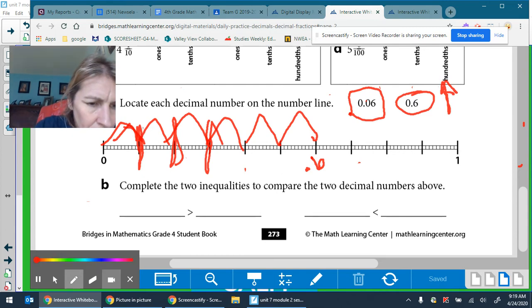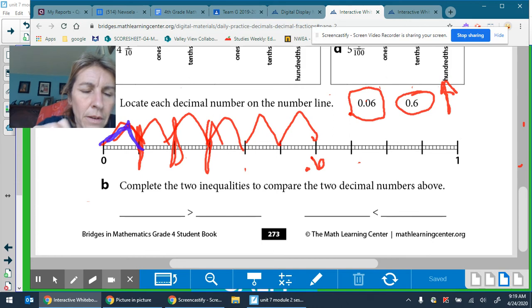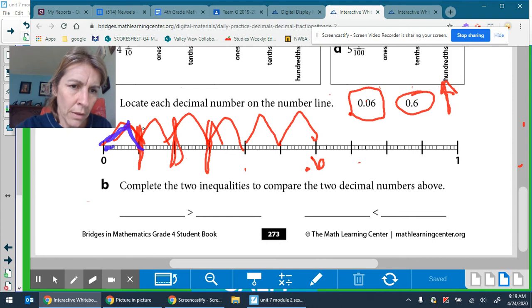I wish I could change the color. I will. So it's not even one jump here, because that would be 10. That means I have to count each of these units. And Mrs. G is so bad at doing this accurately, look how close I have to get, but that's 1, 2, 3, 4, 5, 6. It's right there.